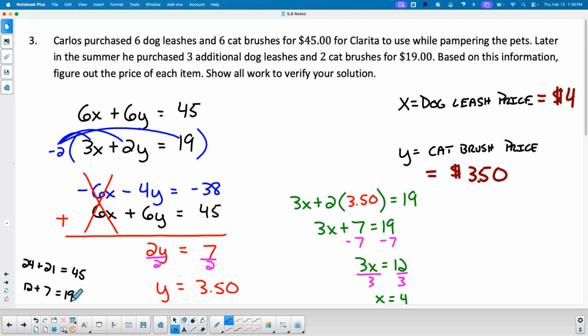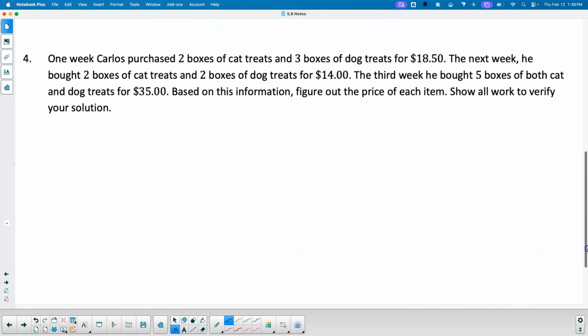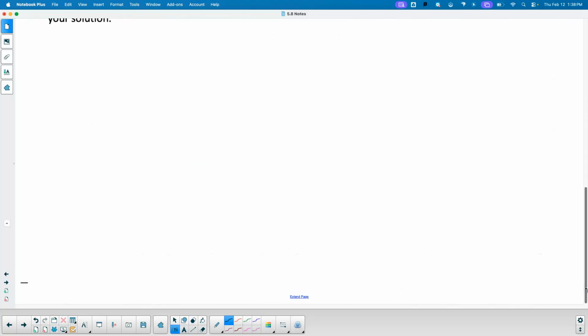Okay? Now, in the one below that one, we are not going to do this problem. I'm going to just make up a system of equations on my own, and I want to go through the steps to solving that one. Okay?